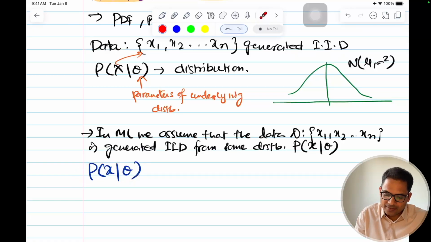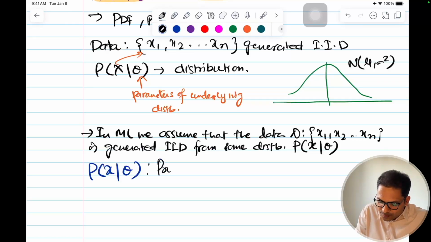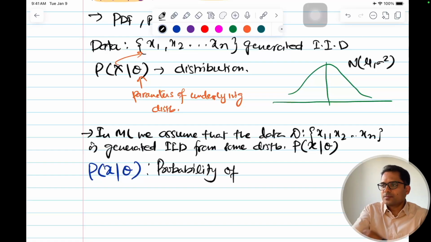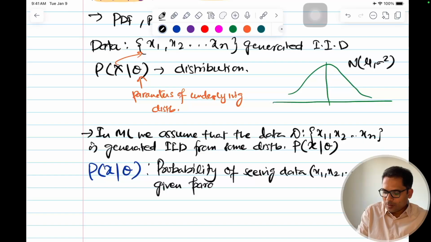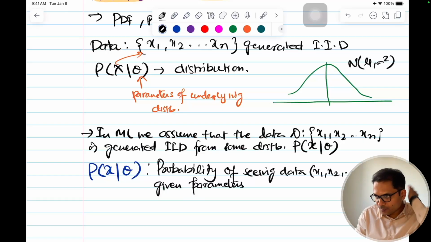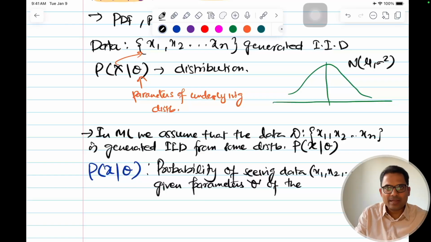Probability of seeing data x1, x2, ..., xn given the parameters theta of the underlying probability distribution.